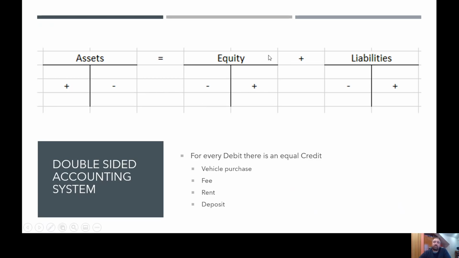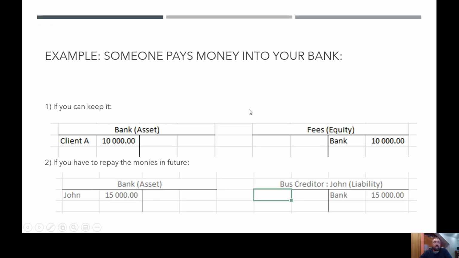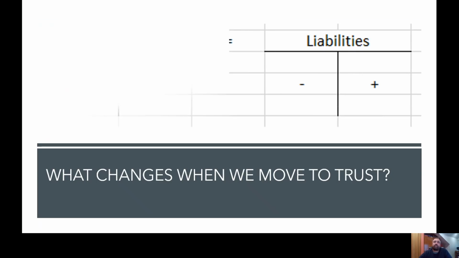I can never have equity in my trust account. I'm never allowed to have income or expenses paid from my trust. So for trust, it simply goes assets equals liabilities. The equity section falls away completely.